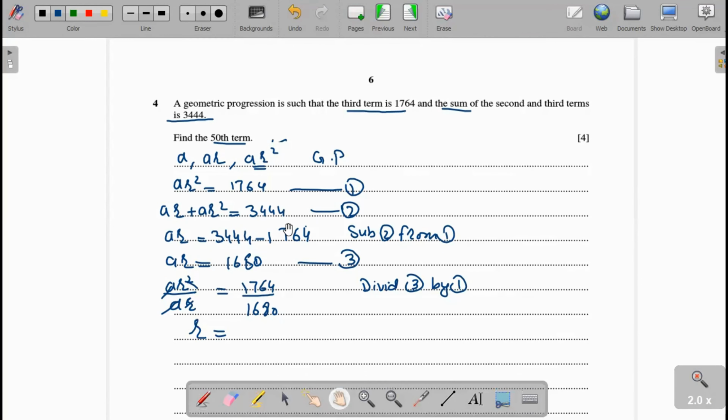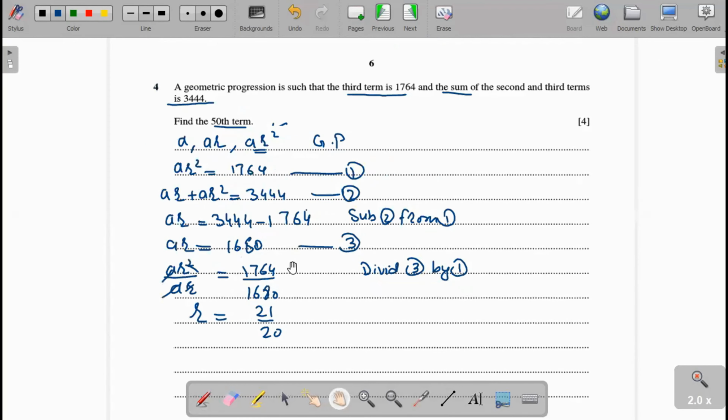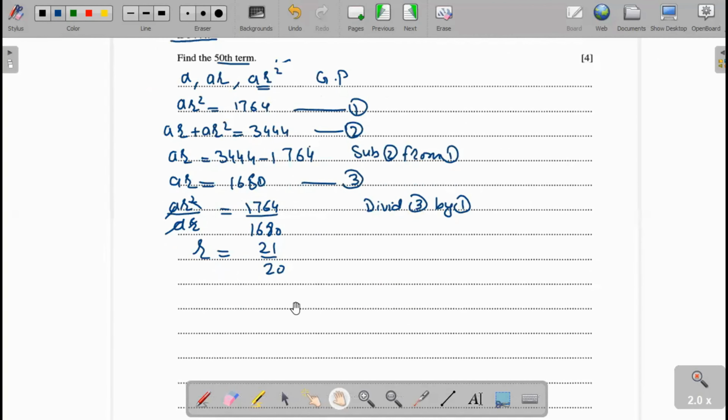Now to find the 50th term, firstly we have to find the first term. You see here that ar = 1680, so a = 1680 divided by r.